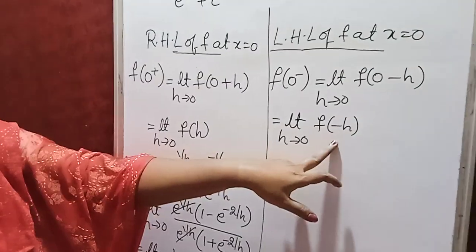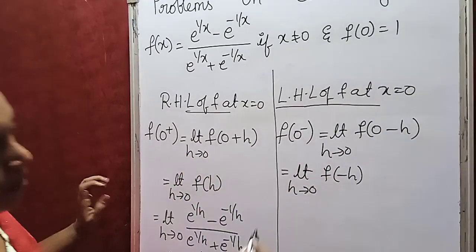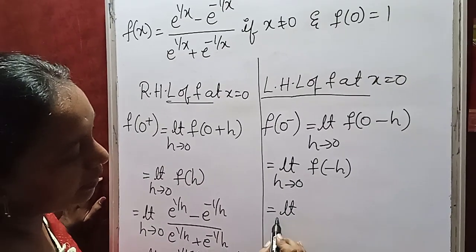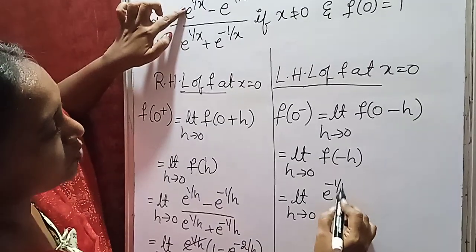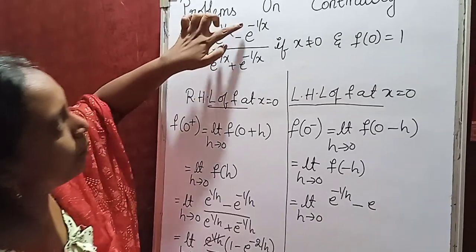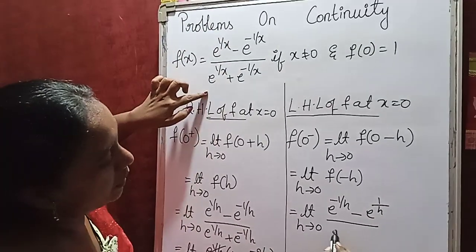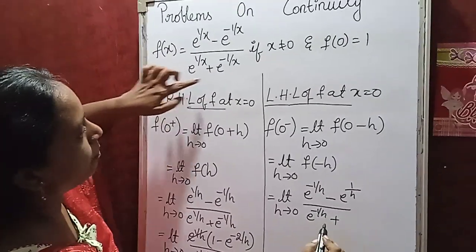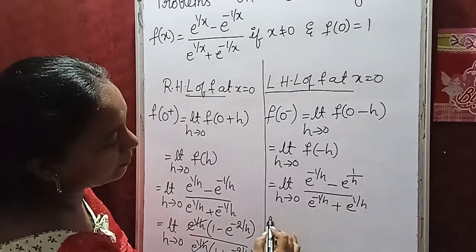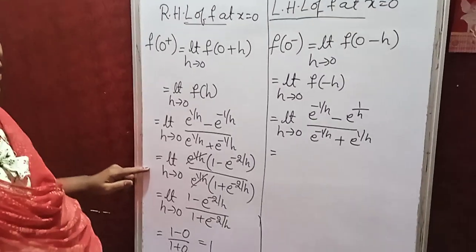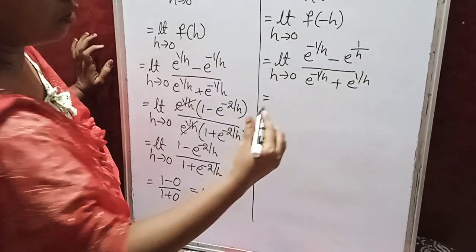F of minus h means in place of x you simply substitute minus h. So, that will be equal to limit as h tends to 0 e power minus 1 by h minus e power minus of minus, that is plus, 1 by h, by e power minus 1 by h plus e power minus of minus, that means plus 1 by h.